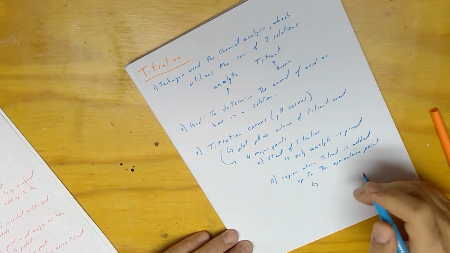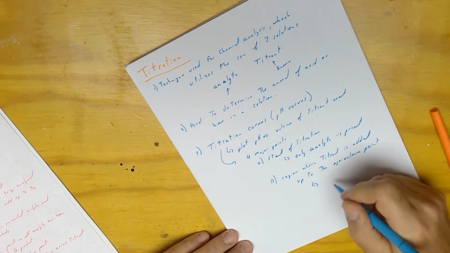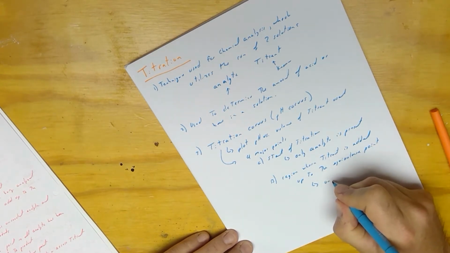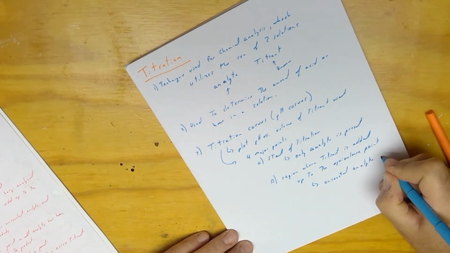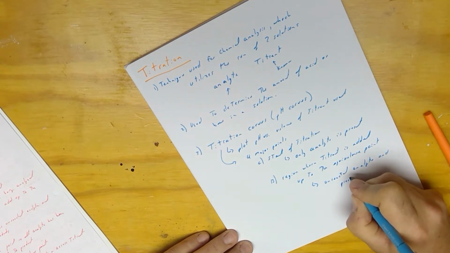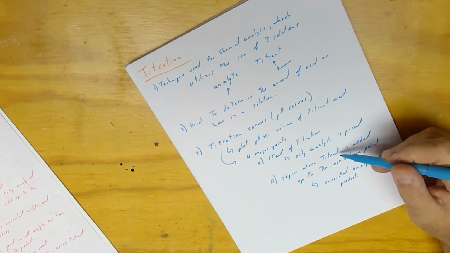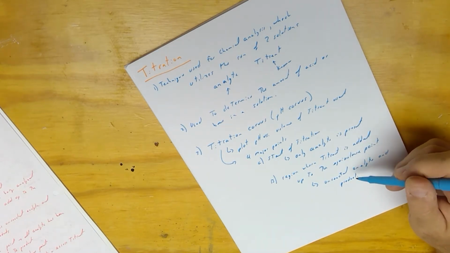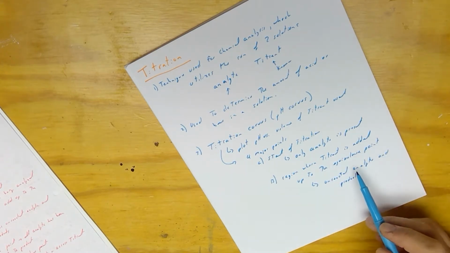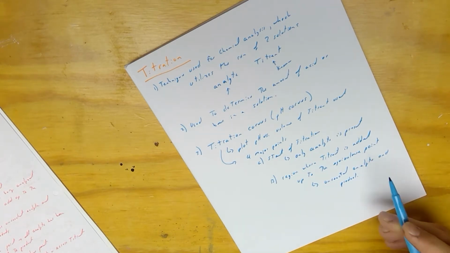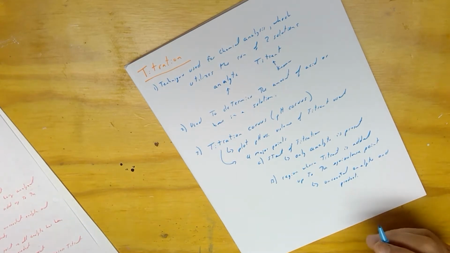In this area, all that we have is unreacted analyte and product. So we start to add the titrant, and the titrant reacts with the analyte, and it produces our products. So in this B region, all we have is analyte and product, and the amount of analyte is decreasing, the amount of product is increasing.